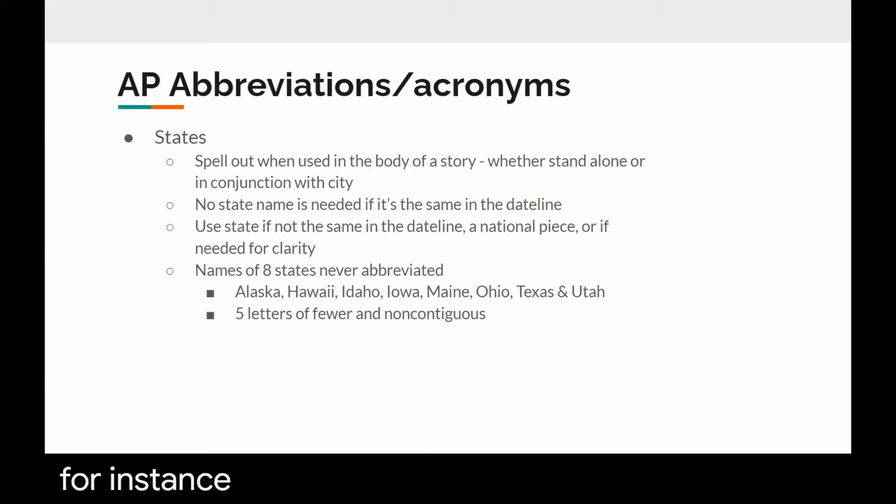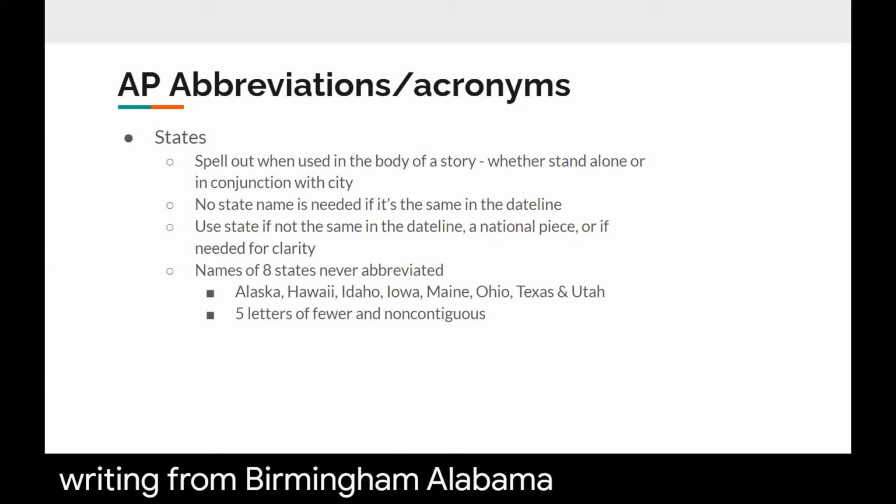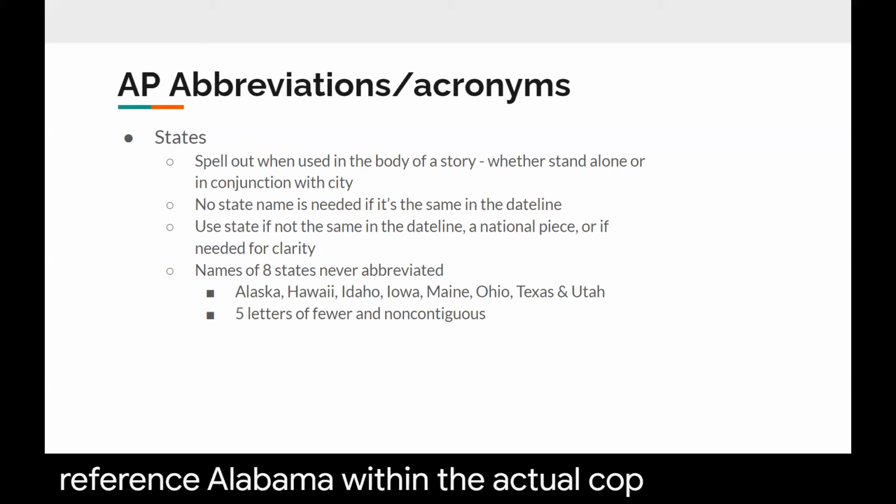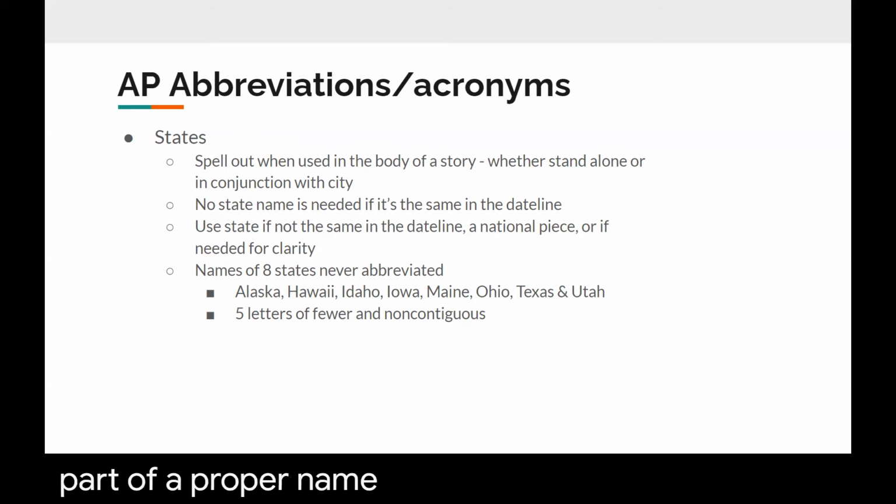For instance, if my dateline or my byline says that I am writing from Birmingham, Alabama, then I should not reference Alabama within the actual copy unless it's part of a proper name like the Alabama Bureau of Investigation or something like that.